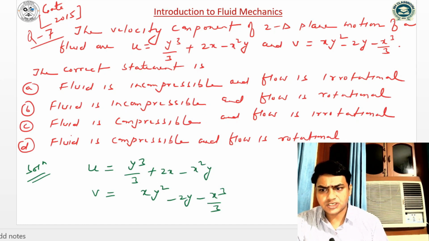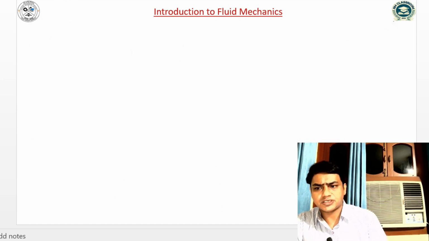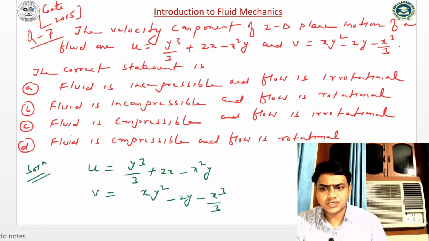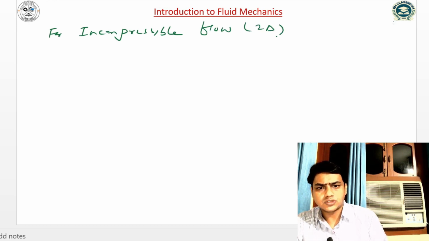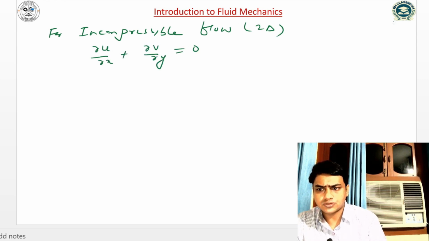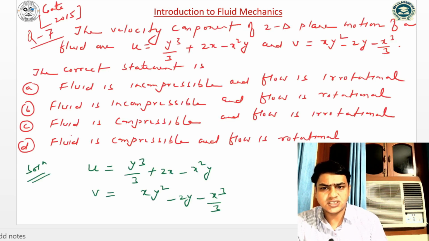So we have the relation, that is, the continuity equation must be satisfied. For two-dimensional incompressible flow, we have del u by del x plus del v by del y is equal to 0. If this condition is satisfied, then the fluid is incompressible.